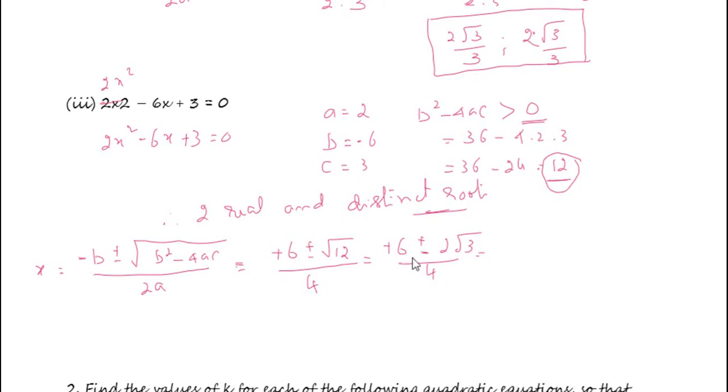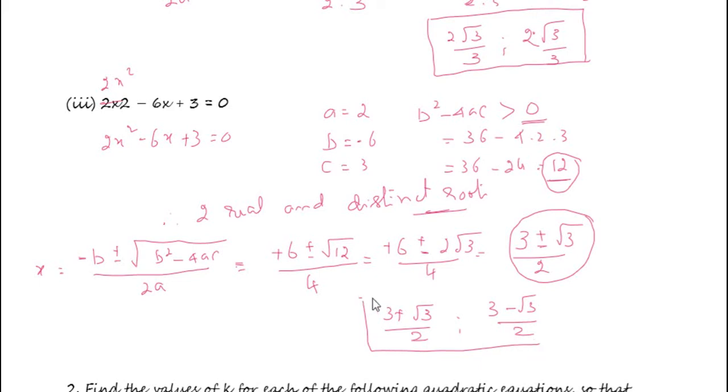Now dividing both numerator and denominator by 2, this will become (3 ± √3) / 2. These are the two roots of the equation: one is (3 + √3) / 2, another is (3 − √3) / 2. These are the two roots of the quadratic equation 2x² − 6x + 3 = 0.